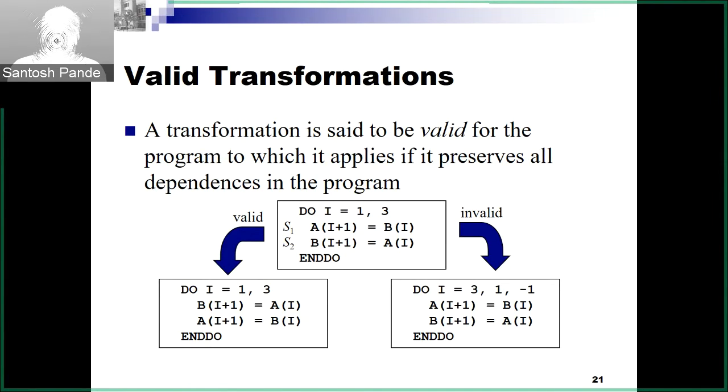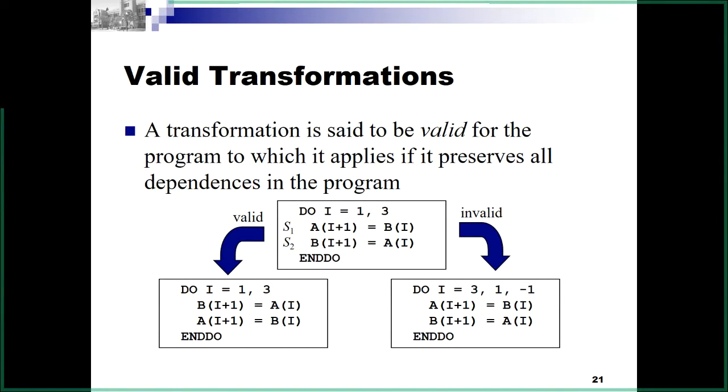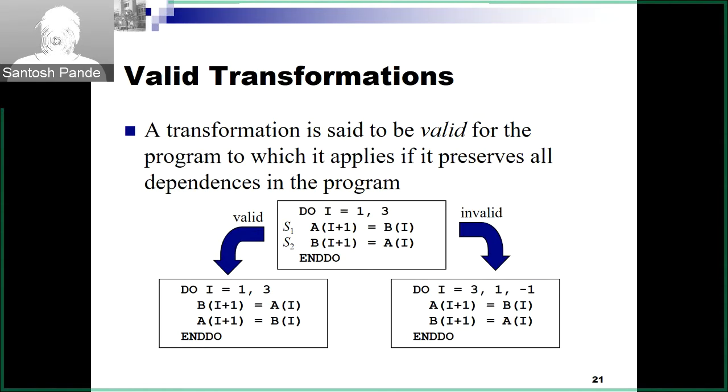Now you can see that in one case we have the original loop on the left hand side. Let's analyze the dependencies and see whether what we have done is right or not. Then on the right hand side, we have changed the iteration space traversal.